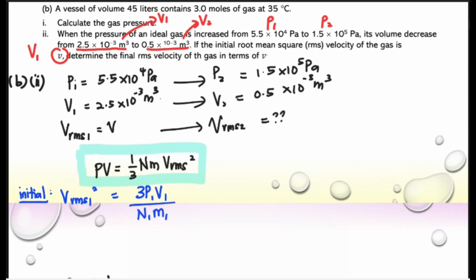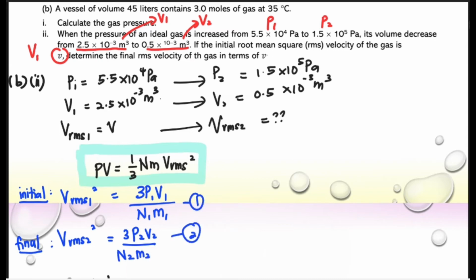And then for the final part, VRMS 2, which is what we want to find, squared is 3P2V2 over N2 M2. So I have equation number 1 and equation number 2. Okay, we will do it at the side, sorry it doesn't fit. Now let's write equation number 1 divided by equation number 2.